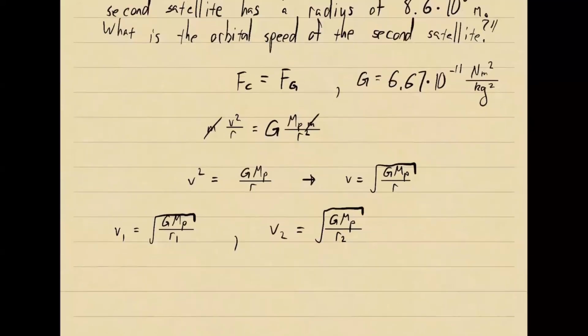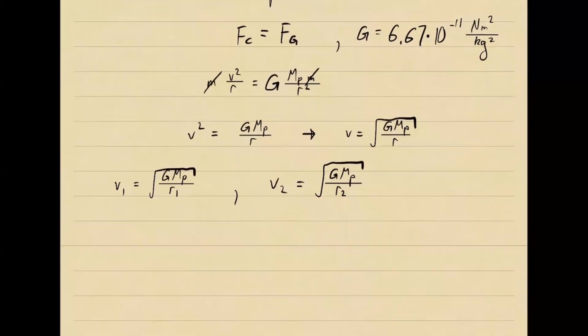What we can do, like what we did in the last problem, is divide v2 by v1. So the speed of the second satellite divided by the speed of the first satellite is equal to, up top we have v2, the square root of g times the mass of the planet divided by r2. And in the denominator we have the same thing, but now with r1.